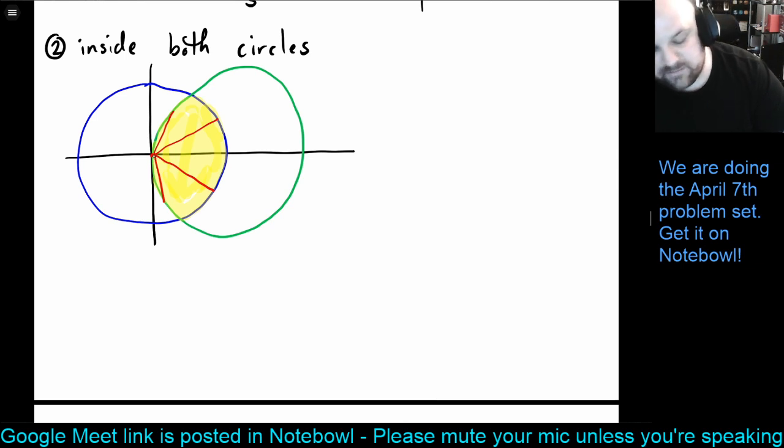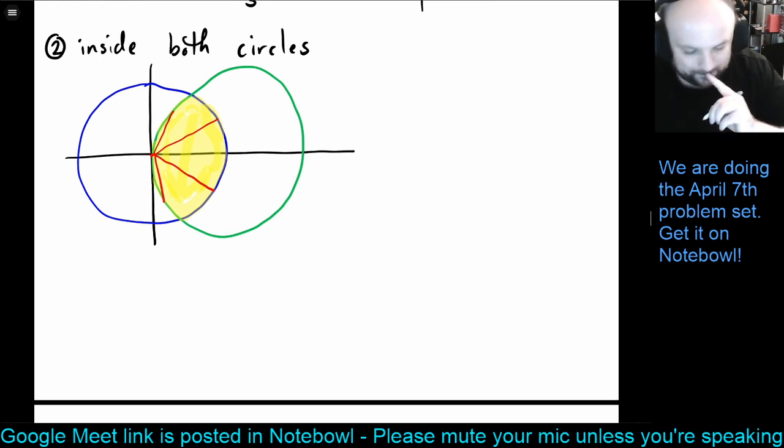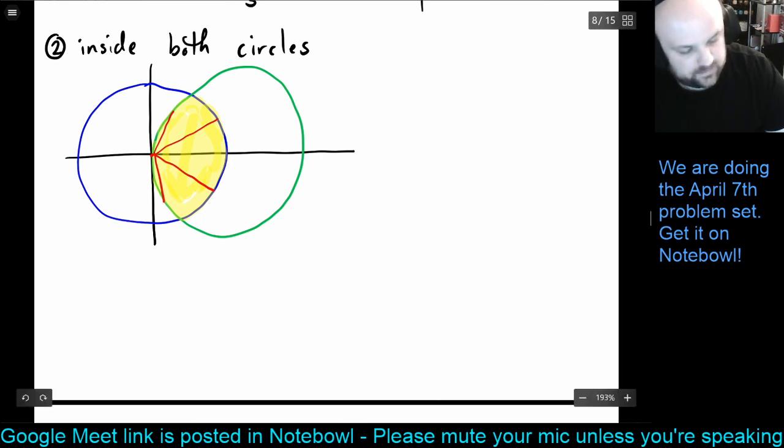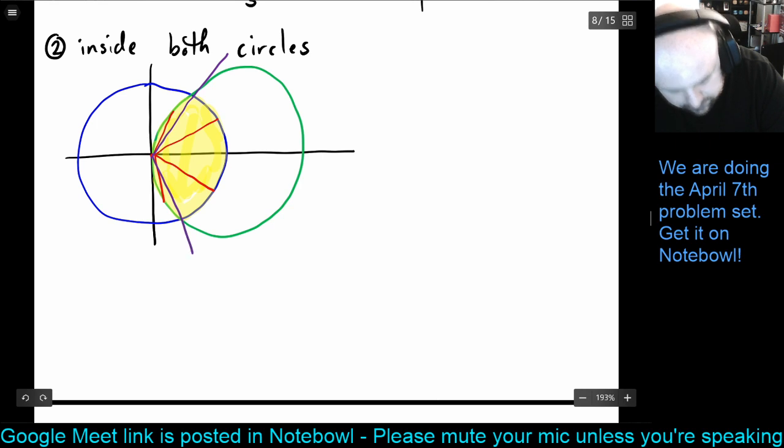Here we're always starting at 0 and going outward. So there's a part down here that starts at 0, ends on green, then it switches to ending on blue, then it switches back to ending on green. And those places where it switches are the same theta values we found earlier.